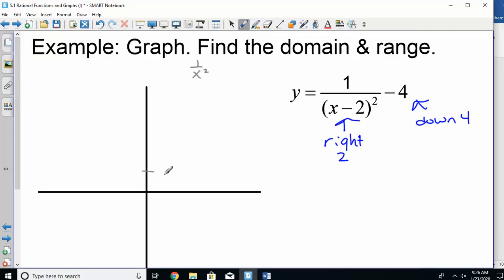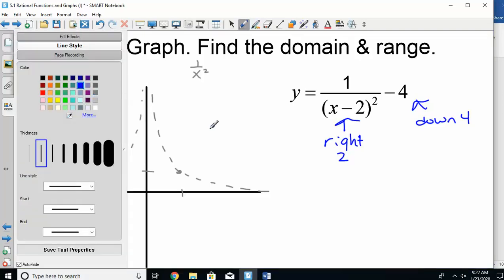So again, if you just want to give me a couple points on it, that's fine. 1 over 1 squared is 1. And we know that section is going to look like this. 1 over negative 1 squared is also 1. So that's my parent.